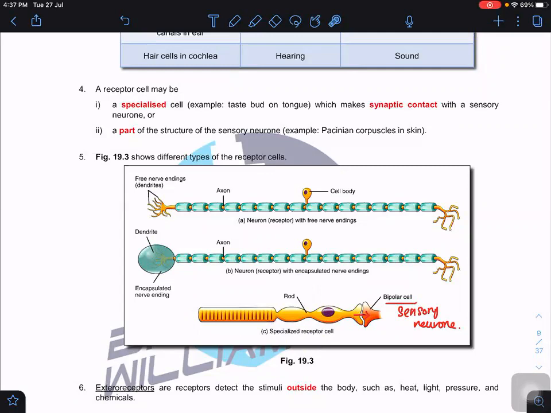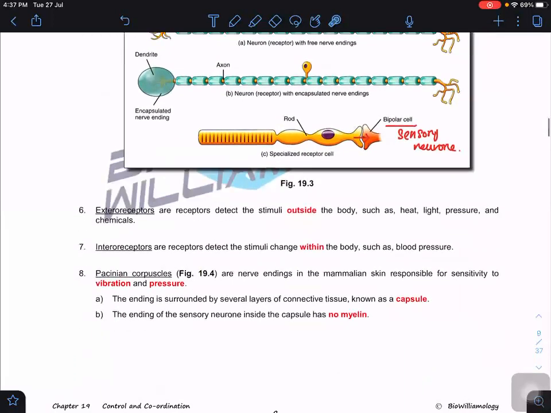We can also classify our receptors into two types, based on the location of the stimulus relative to our body. One detects external stimuli. We call it an external receptor, for example for heat, light, pressure, and chemicals. Like the chemicals that we taste, for example the salt, or acids such as citric acid in vinegar.